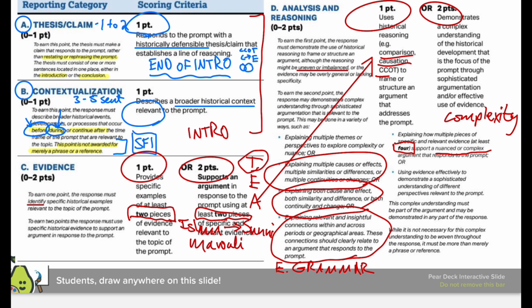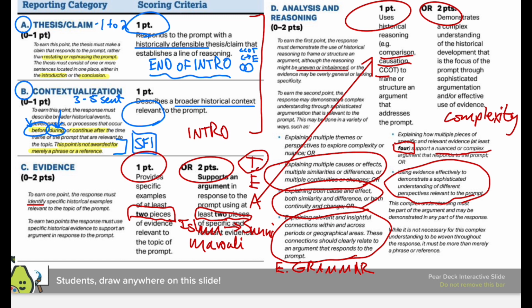That would be something that's relevant and something that you could connect together because both were airborne diseases that diffused into the United States and both resulted in lockdowns and mask wearing. So that would be a relevant connection rather than just throwing in something like bubonic plague, which wouldn't be as relevant. You can also get the complexity point by showing a sophisticated understanding of different perspectives relevant to the prompt.